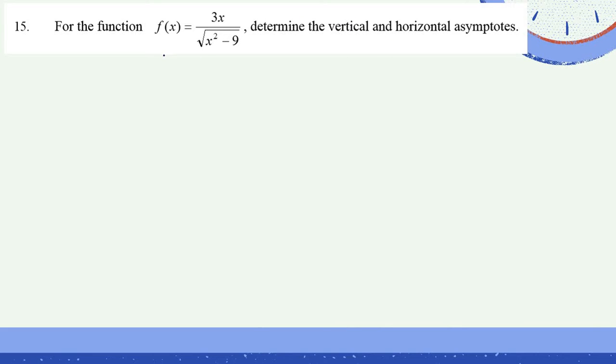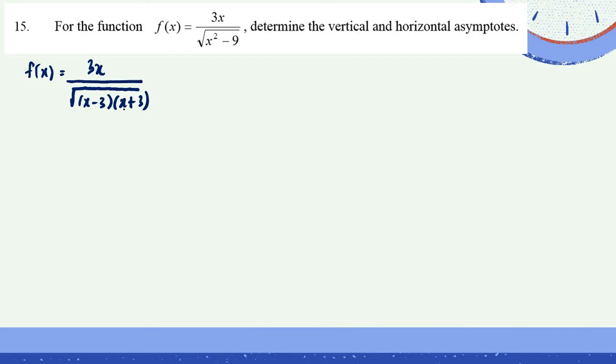of this function. For this function, first we have to check the domain and range. The vertical and horizontal asymptotes relate to the domain and range of this function. So we have 3x divided by the square root of x squared minus 9. Actually, we can simplify this to x minus 3 and x plus 3.